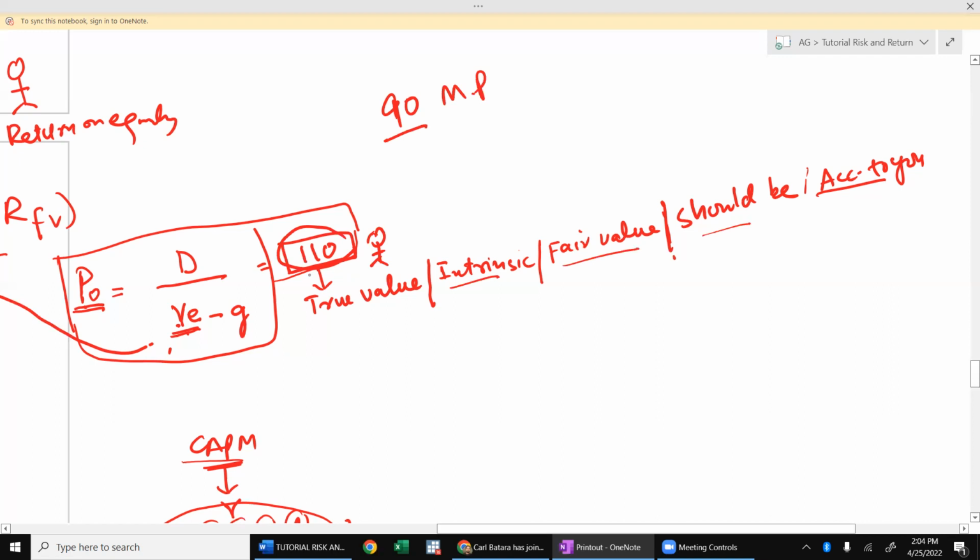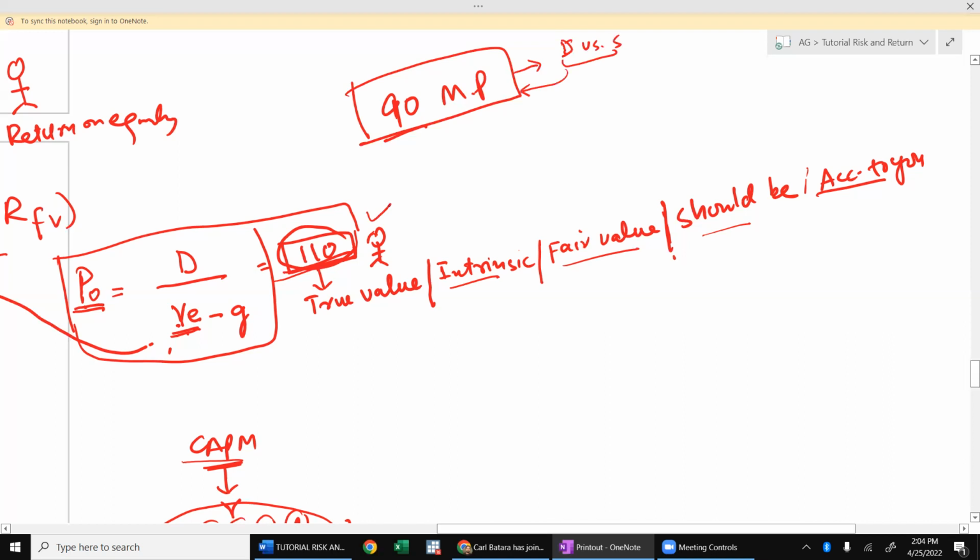And the market value is normally affected by demand versus supply.